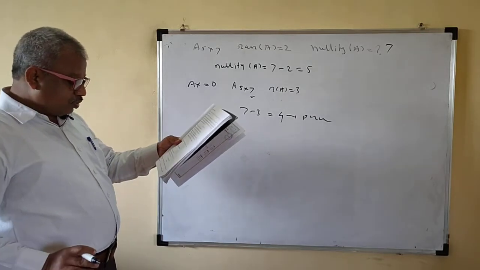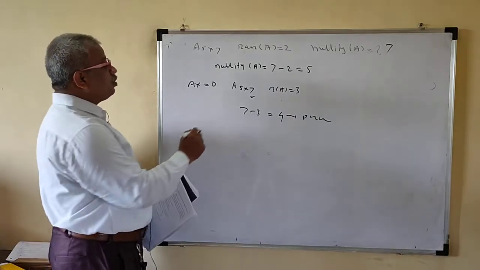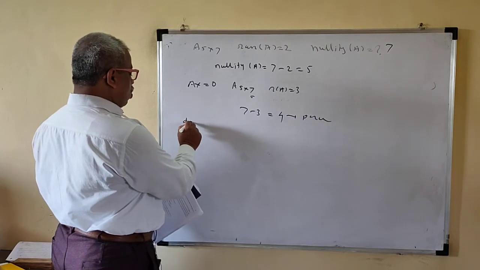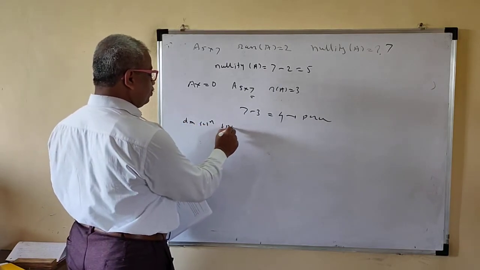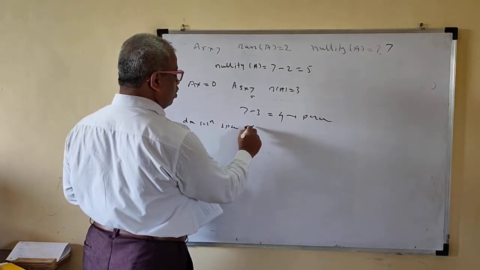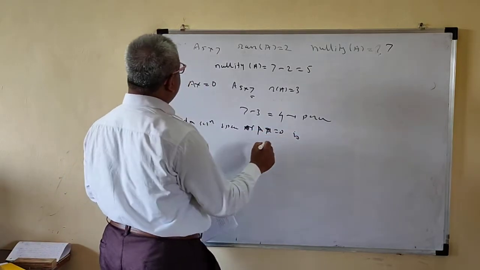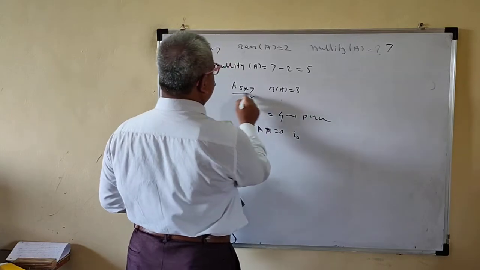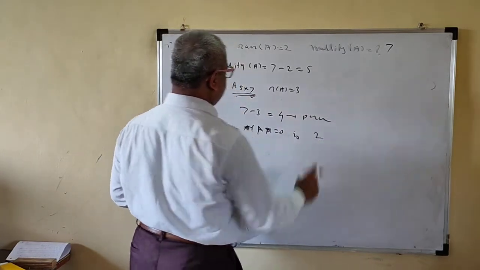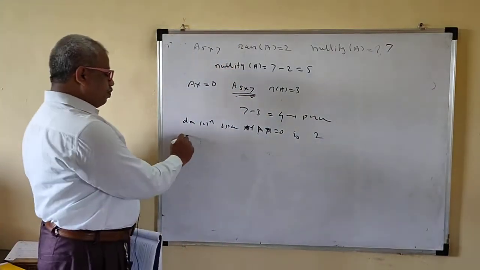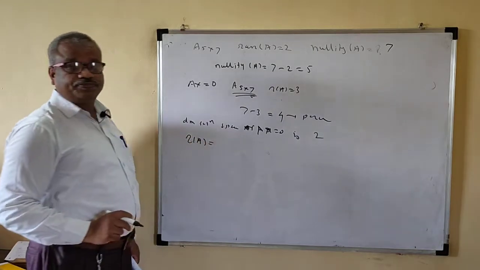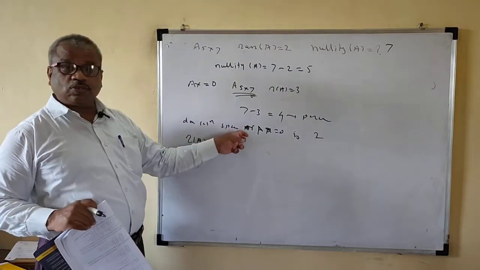Okay. So suppose the dimension of the solution space of AX equals 0, your matrix system, is 2. Suppose, what is the rank of A then? You have been given the dimension of the solution space.